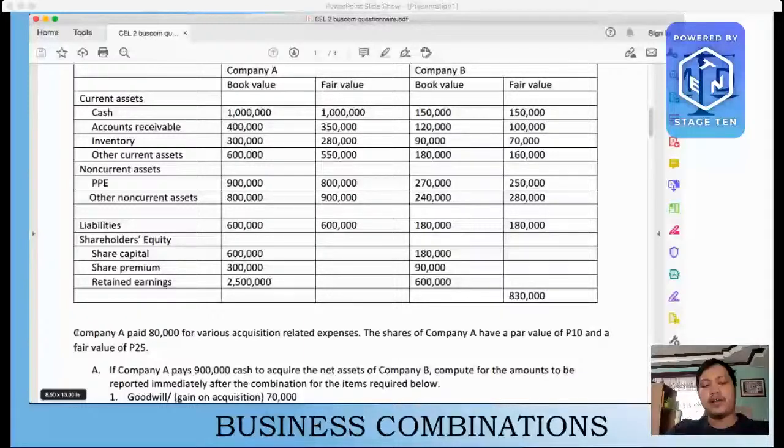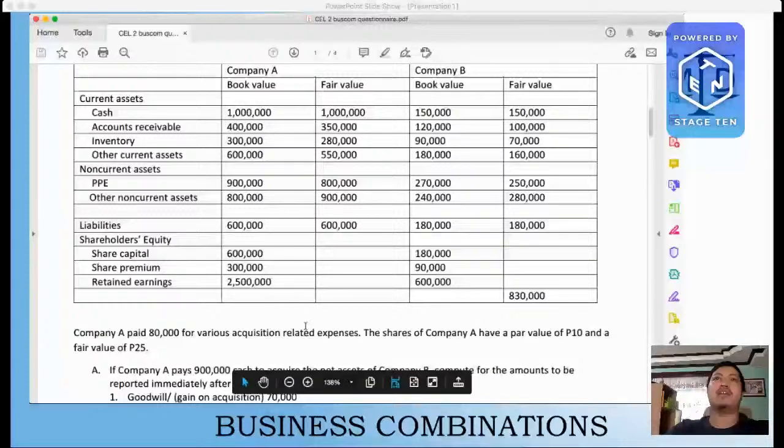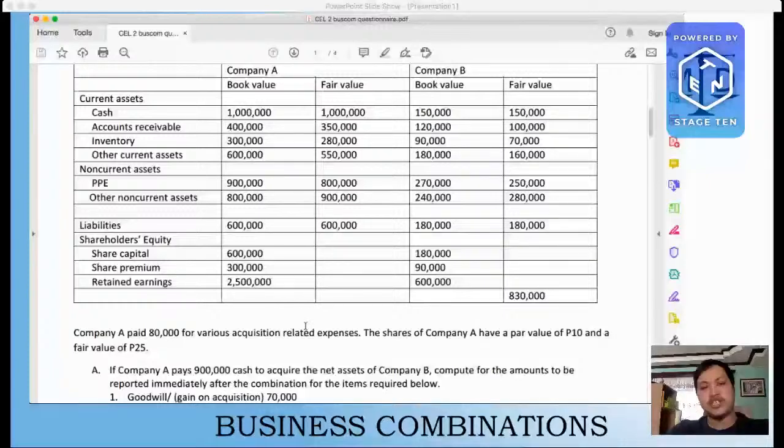So another important theory, class, that should be part of your stock knowledge going forward. Acquisition-related costs, class, are to be recognized as an expense. Since these items are paid by the acquirer, then these should be recorded in the books of the acquirer as an expense. And understand that since it is an expense, it will have an effect later on your retained earnings.